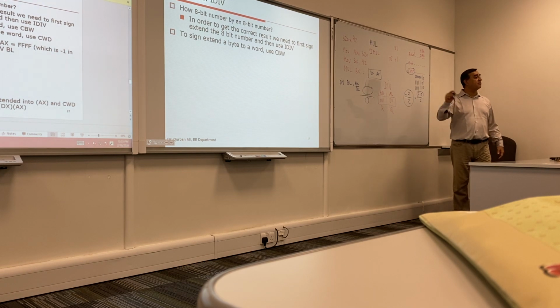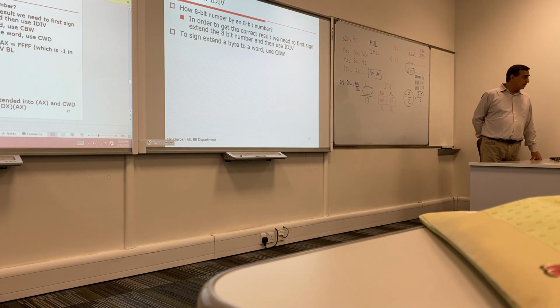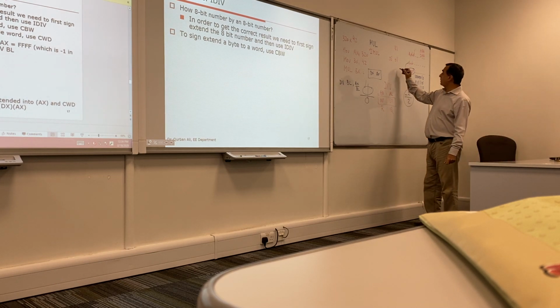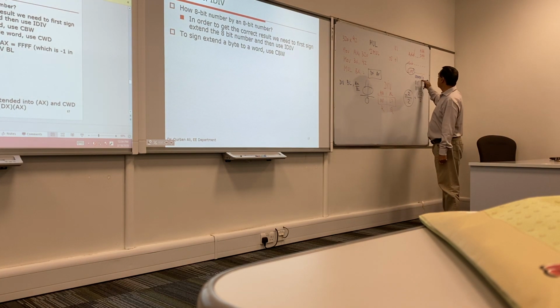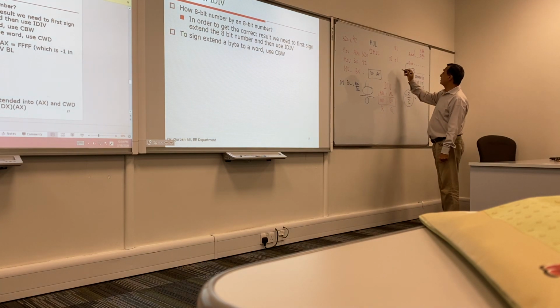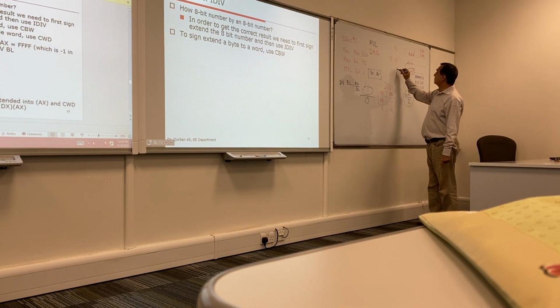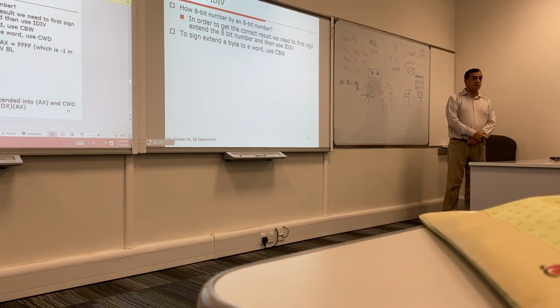How will I make it double? There is an instruction to make it. Normally, if I have an 8-bit value, like 32, I make it double size by writing 0032. It's a 16-bit value, right?